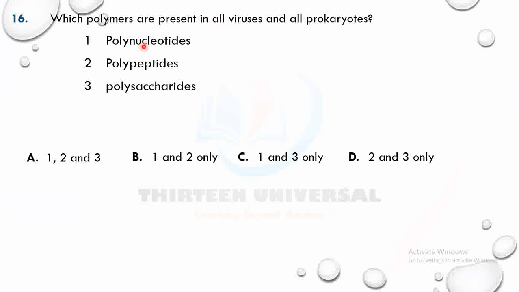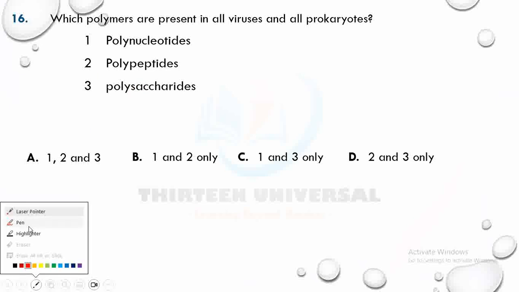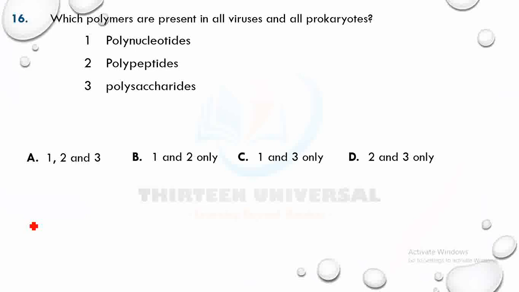So 1 is there. All viruses have proteins, the capsid protein coat. So that's there. Not all viruses have polysaccharides. So it's 1 and 2. That is there, that's not always there. All right, 1 and 2.